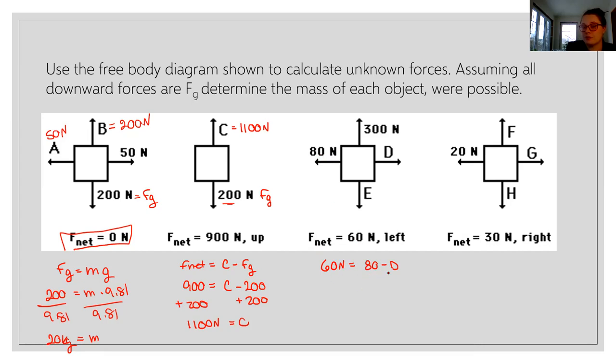So if I want to rearrange it, let's subtract 80 from both sides, and we get 60 minus 80 gives me negative 20 equals negative D. So 20 newtons is equal to D. Okay, so subtracting the two, we get 60 newtons.